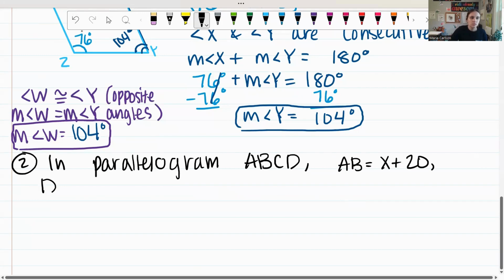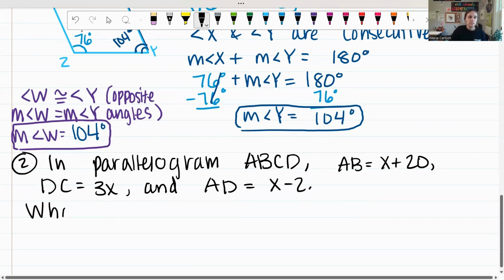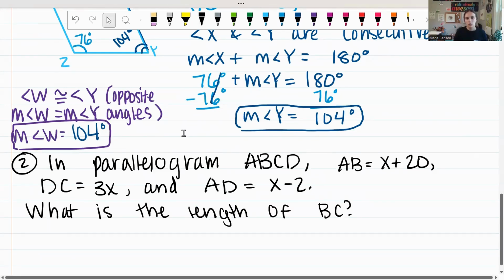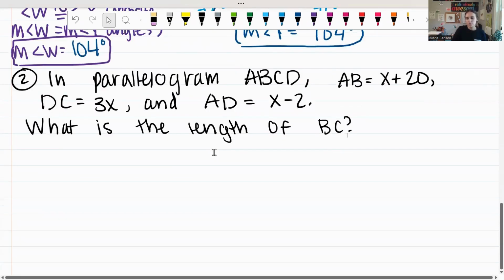DC is equal to 3x and AD equals x minus 2. What is the length of BC? And we need an image here.